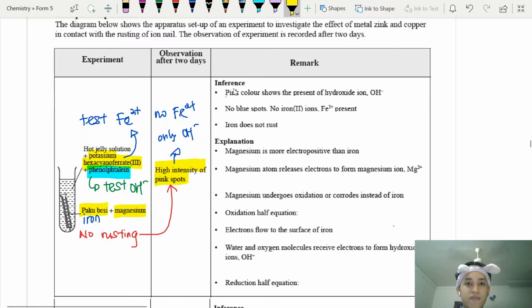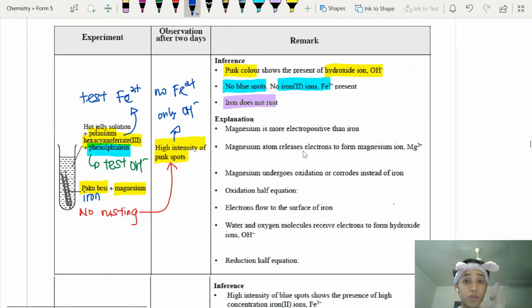So that is why you see the inference here: pink color shows the presence of hydroxide ions. No blue spots, so no iron(II), so no rusting.